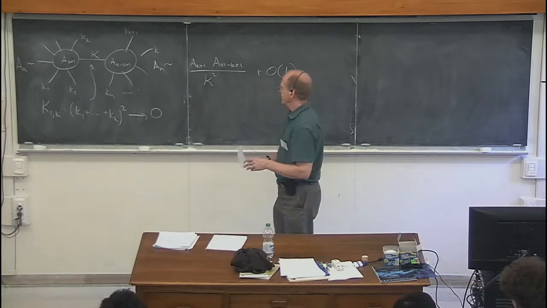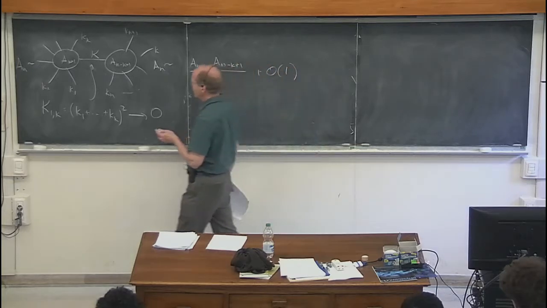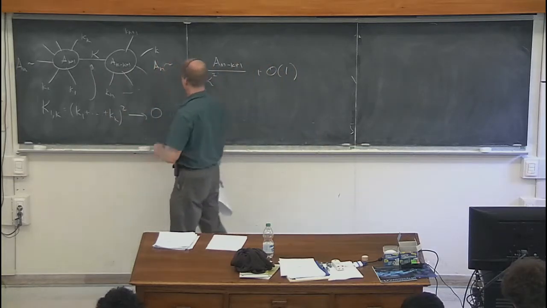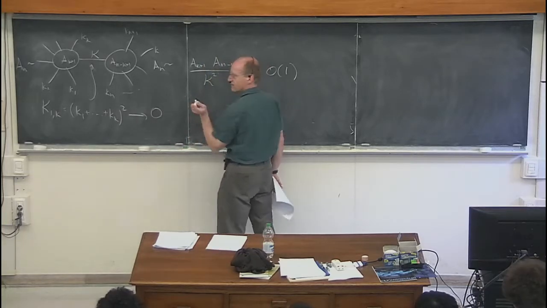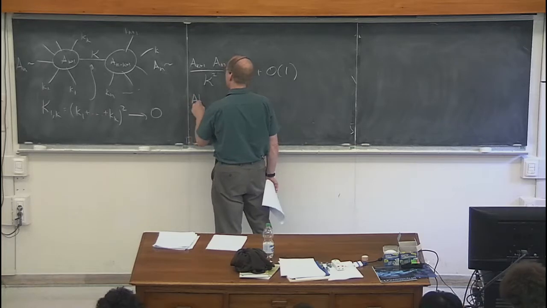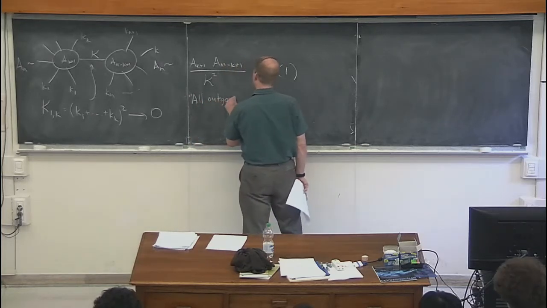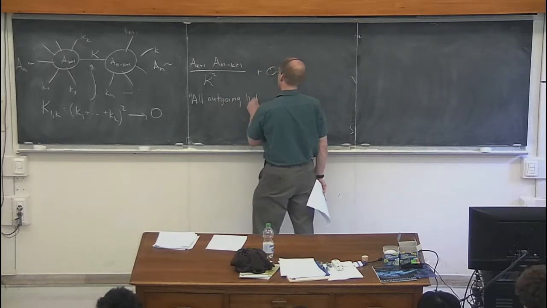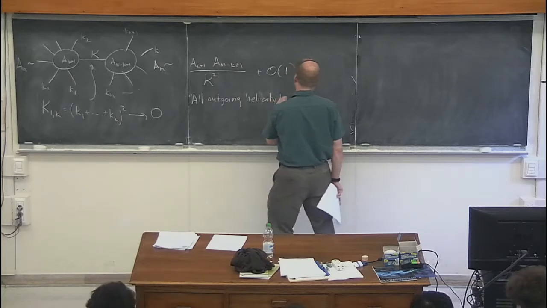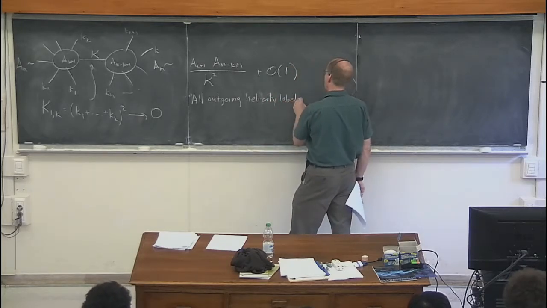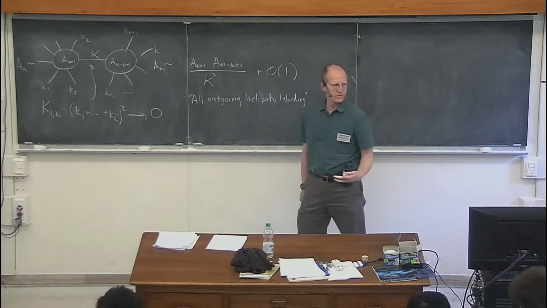Okay, so now I need to say a couple words about helicity when you have two amplitudes. When I wrote down these helicity amplitudes before, I didn't quite say it, but I was using an all outgoing helicity labeling. In the real world, you have incoming particles and outgoing particles.